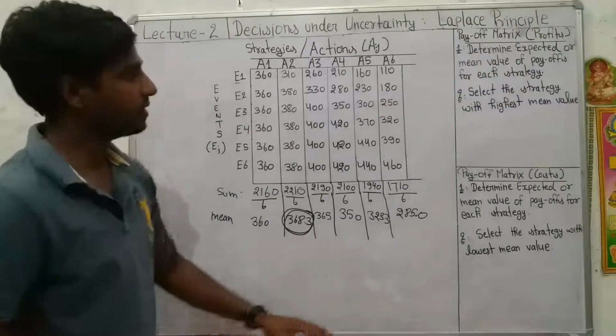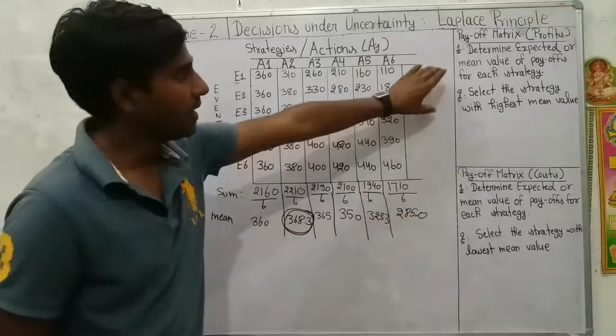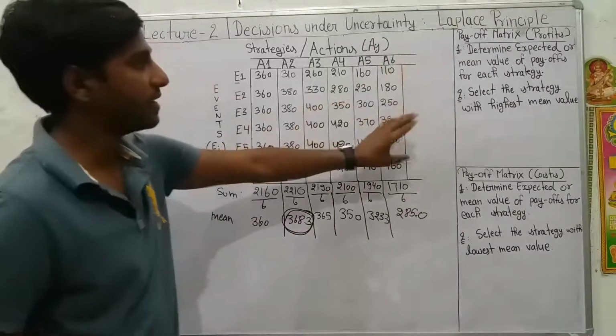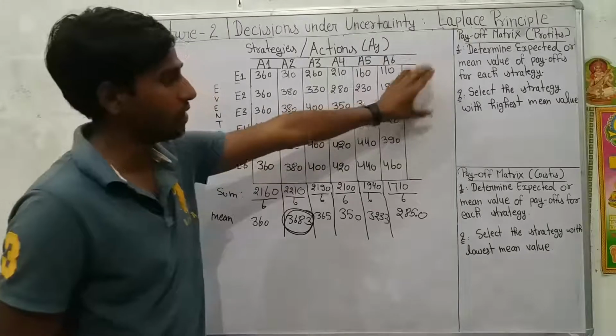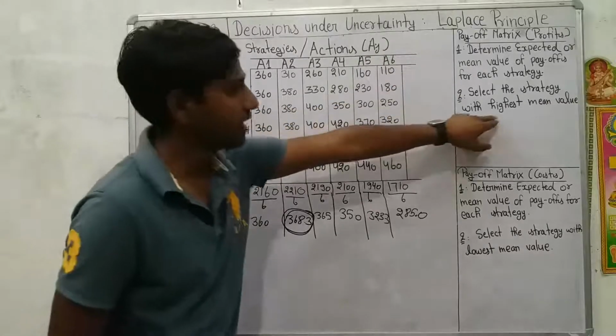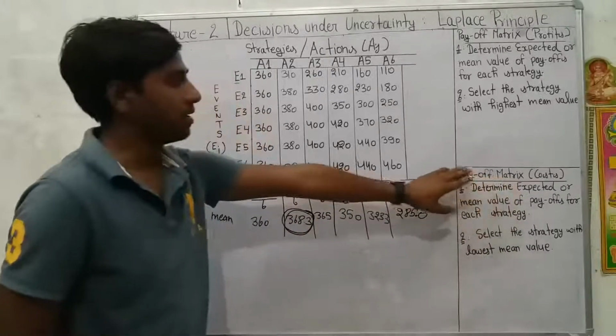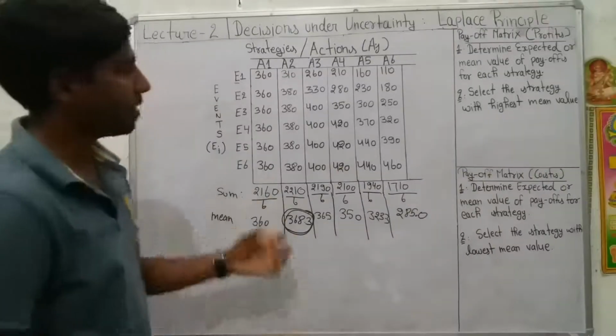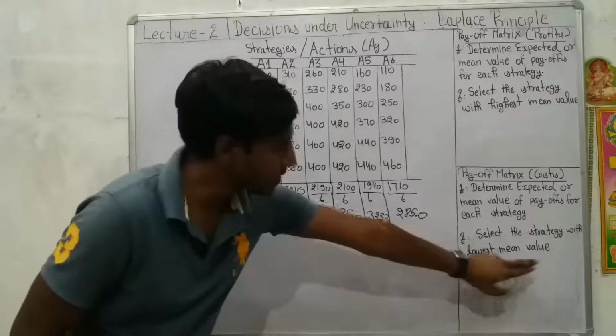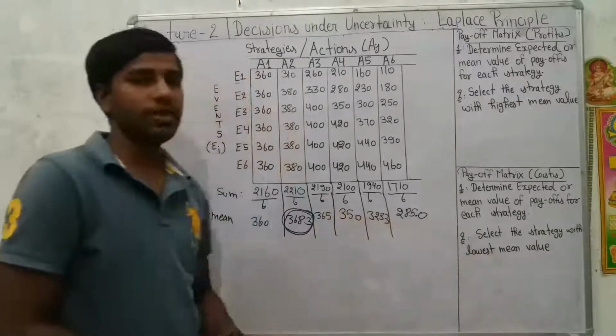So where is the difference in step 2? In the case when the payoff matrix shows the profits of different combinations, we need to select the highest mean value. And if the payoff matrix shows the costs of different combinations, then we need to select the lowest mean value.